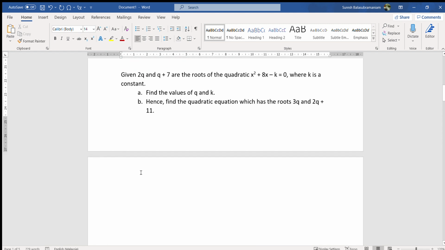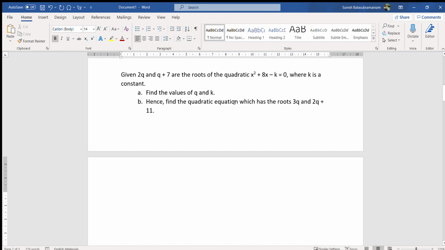Given 2q and q plus 7 are the roots of the quadratic equation, x squared plus 8x minus k equals to 0, where k is a constant, find the values of q and k. Okay, we know that product of roots and sum of roots.